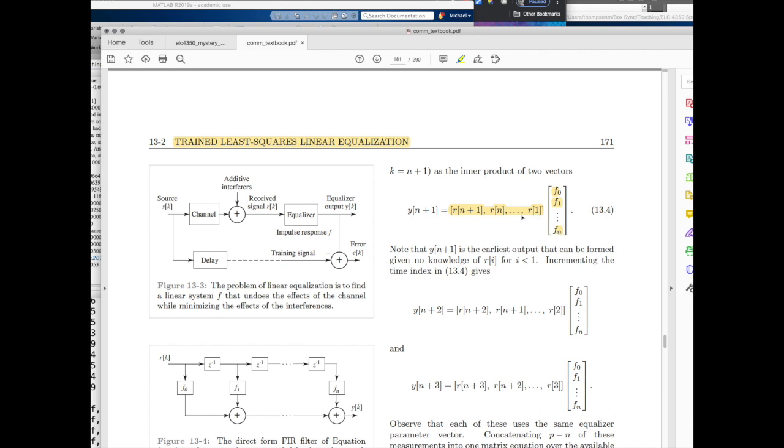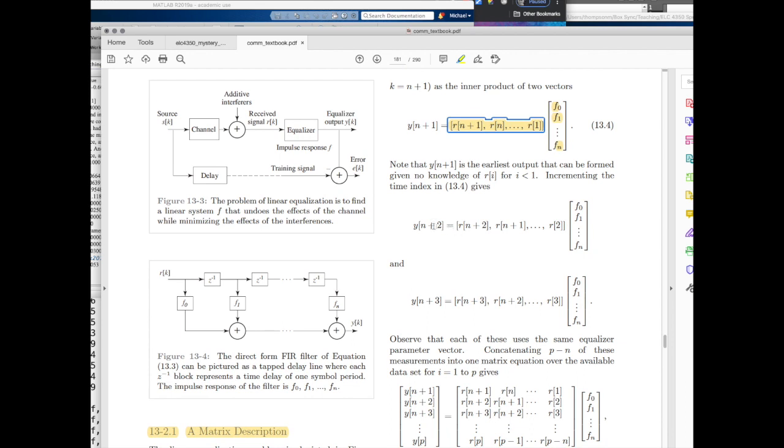Okay, so remember we've talked about this before, that when you do convolution like this, the indices line up. So here's an n plus 1 index multiplied by 0, so n plus 1 plus 0 is n plus 1. And then R of n times f1, n plus 1. And R of n minus 1 times f2, n minus 1 plus 2 would be n plus 1. So that gives you the filter equation by just doing this vector times this vector.